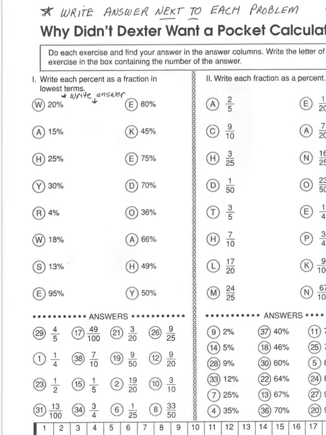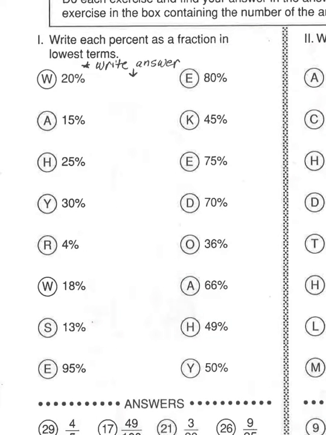If you take a look at the left-hand side of the worksheet, it asks you to write each percent as a fraction in lowest terms. If you recall, percents are written as fractions out of 100. So 20% is 20 out of 100. Recognizing the greatest common factor, 20 goes into 20 and into 100, and so the fraction in lowest terms is 1/5.